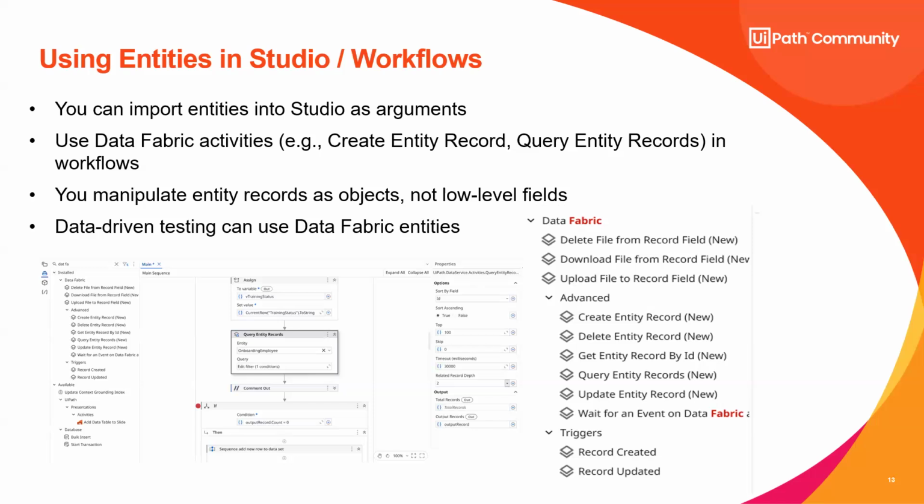Let me walk you through a simple example. Say your bot needs to verify a ticket and escalate unresolved cases. First it will query the support ticket entity for all the tickets, where we can specify the status equal to pending.